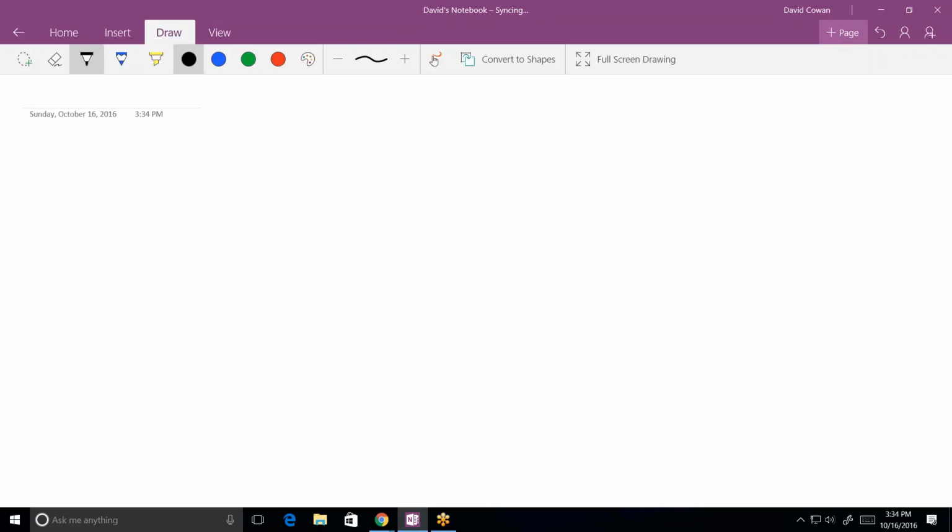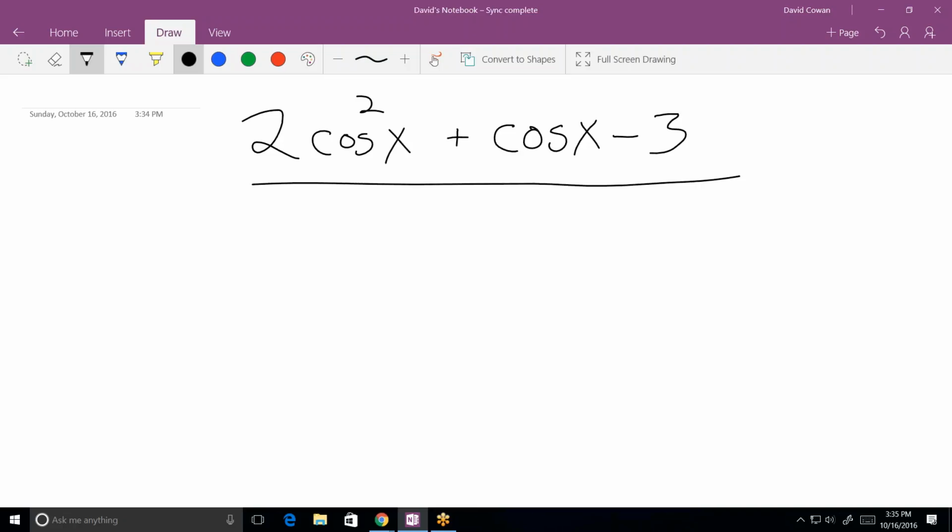All right, so I have some homework problems, and the first one is 2 cosine squared of x plus cosine x minus 3, over negative sine squared of x, sorry.